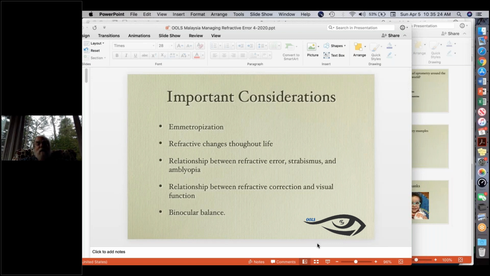You can break down binocularity, you can impair visual function, you can create an individual at a young age with amblyopia. You can actually create amblyopia if you mess this consideration up. More about that as we go along.